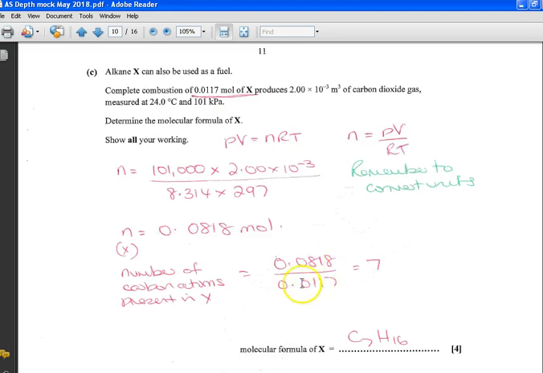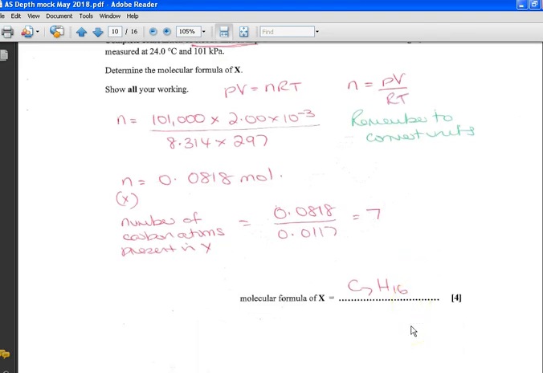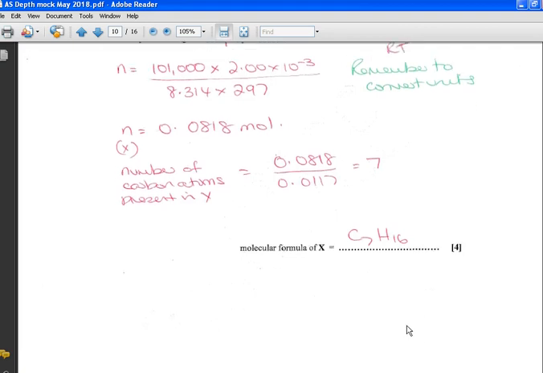So if we divide that value into that value, because of the ratio of 1:1, that will tell us how many carbon atoms there are. And as it's an alkane, then we know that it must be H16 using the general formula for alkanes.